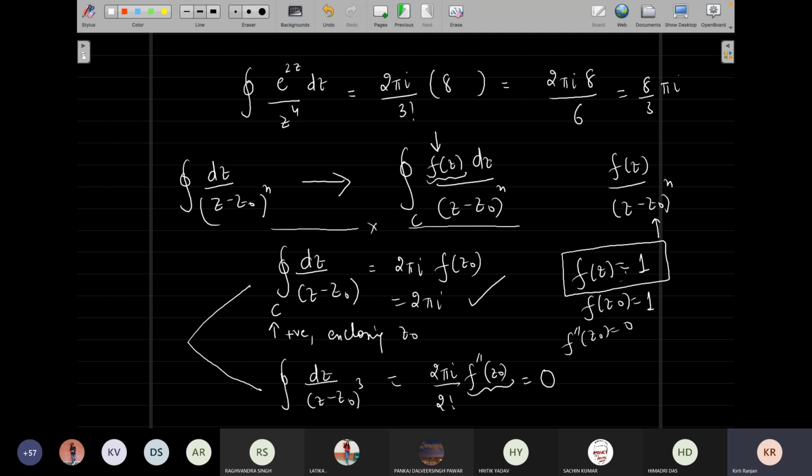It was derived using the knowledge of the Cauchy-Goursat theorem, and hence that's inbuilt. Several of you might not remember your Cauchy-Goursat theorem, but that is the theorem used for deriving Cauchy's integral formula, and the extension of the formula is then straightforward, just taking the derivative and remembering that derivatives and integrals can be interchanged. So that's in essence what we have done up to now.